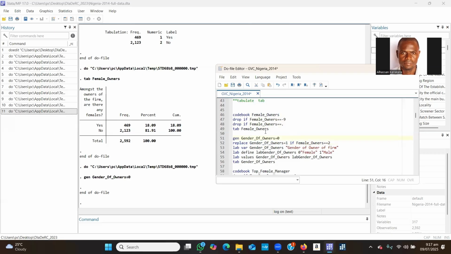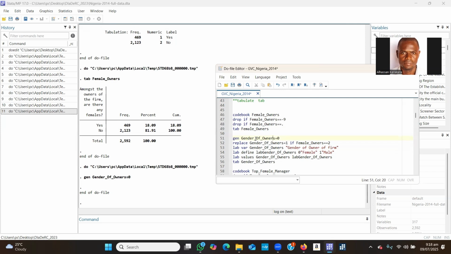The idea here is that once you are generating gender equals to 0, you know that you have only two genders, male and female. The first category, which you represent as 0, should be either male or female; you will have to decide. If I say 0 should represent female, then 1 will be male. If you have a categorical variable with more than 2 categories, you would do it differently, but in this instance we have only 2, male and female.